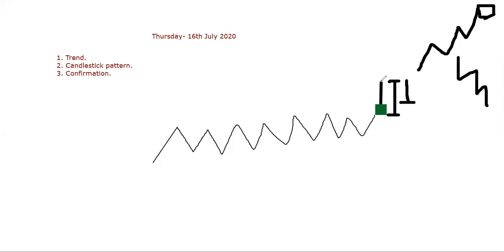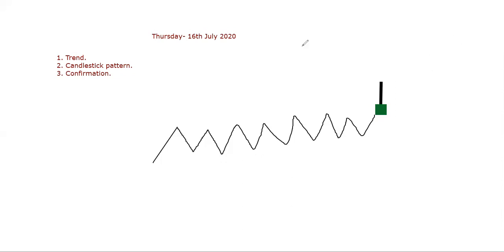Now if this candle is formed, coming back to this point, if you see this candle getting formed after this kind of trend, will you say that this is a valid candlestick pattern? We will come to the answer later. Now take the second example.